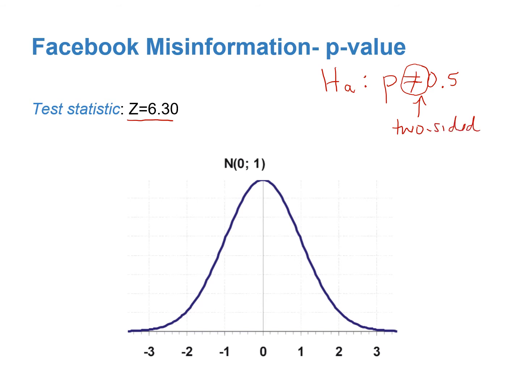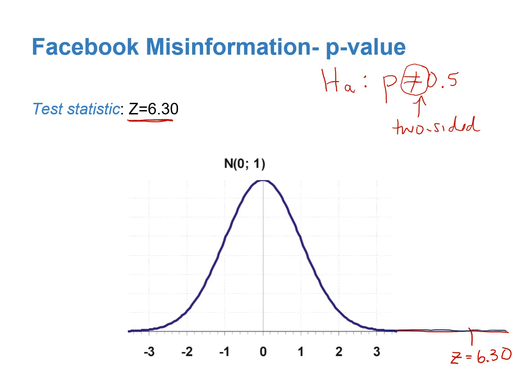The things that are going to be more standard errors away than my sample statistic was, in either direction, are going to be more supporting my alternative hypothesis. So if I think about this, my z value from my test statistic is 6.30. It's way out here. And my normal distribution, in reality, keeps going out here, just getting closer and closer to 0.